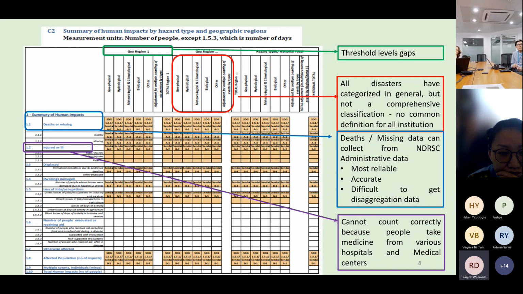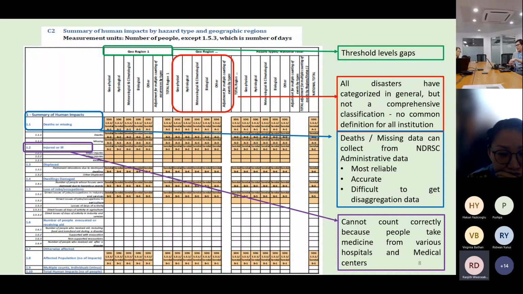But there is a threshold level gap between the Disaster Management Center and the NDRSC, because the Disaster Management Center collects by DS division level, while the National Disaster Relief Service Center collects data by Grama Niladhari or GN division levels, so we cannot compare these two databases together for error checking.